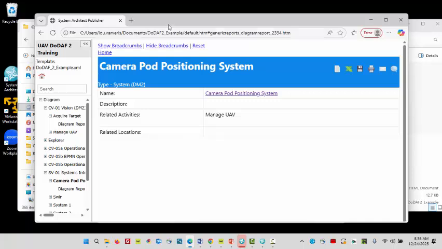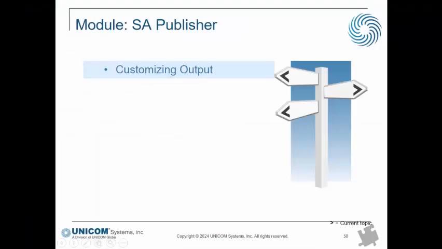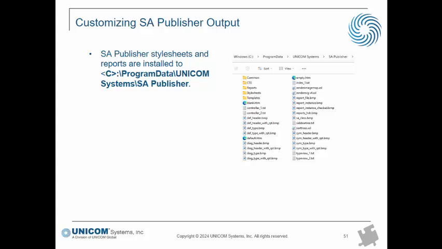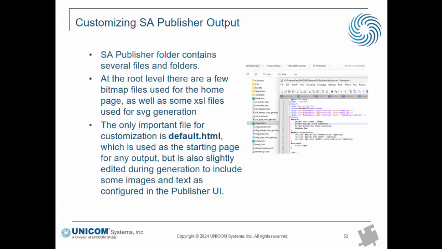So that is a little bit of building reports for SA Publisher and publishing. To edit the output in terms of style sheets beyond what we provide, you'll be looking at the files in the Program Data Unicom Systems SA Publisher directory. In the root folder of that directory, there are a few bitmap files used for the home page, as well as XSL files used for SVG generation, which becomes the diagrams.